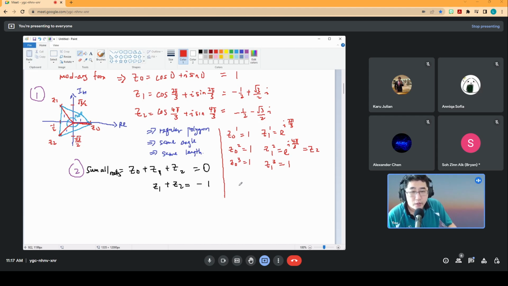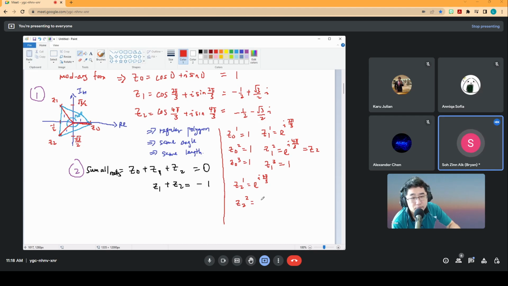What if I observe my Z2? Z2 power 1 is e^(i4π/3). What about Z2 power 2? What do I get? Does it rotate to 1 or something? Something like that, but look at the angle carefully.